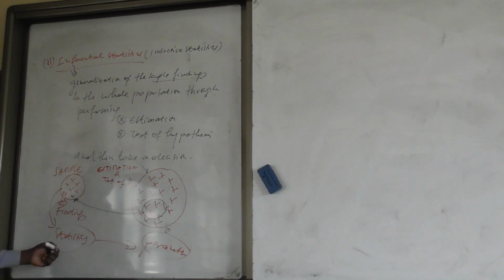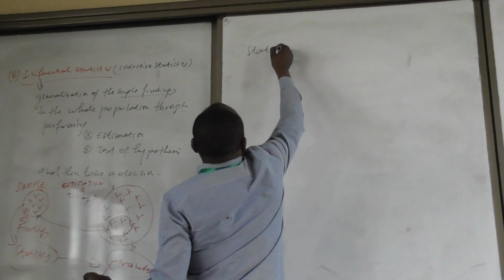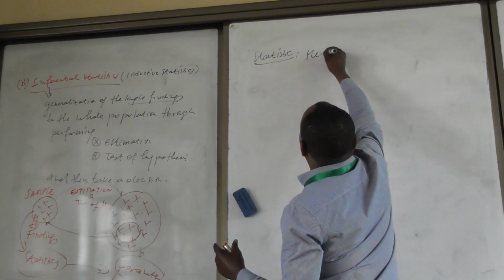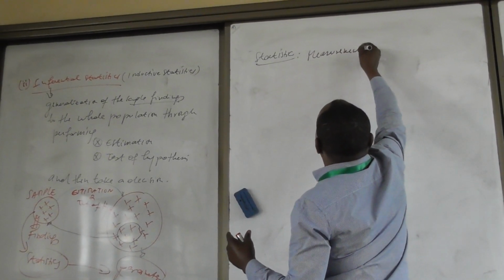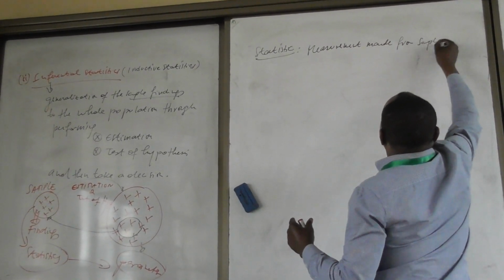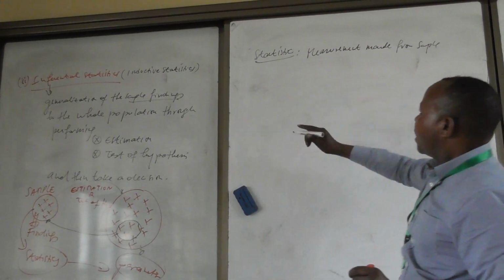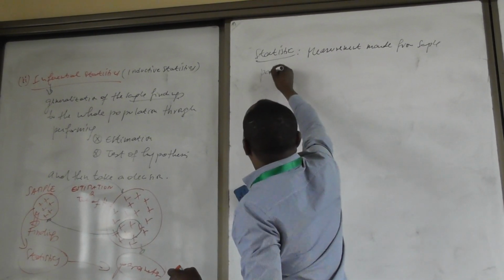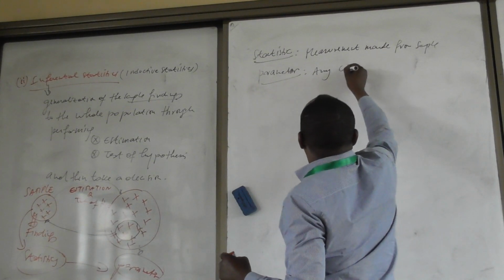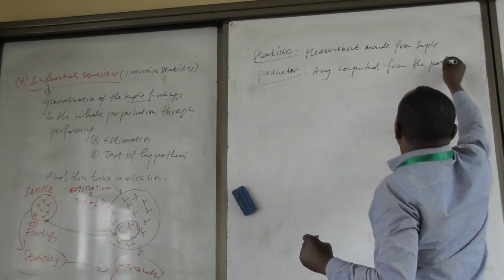So that is why, for what we call statistics here, a statistic is a measurement made from the sample. Any value that's measured from the sample is called a statistic, while a parameter is any value computed from the population.